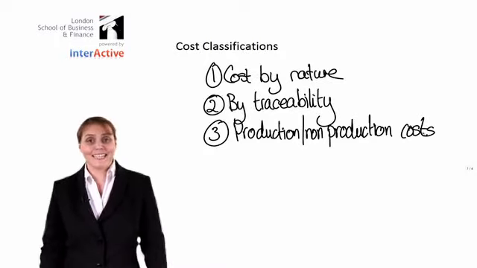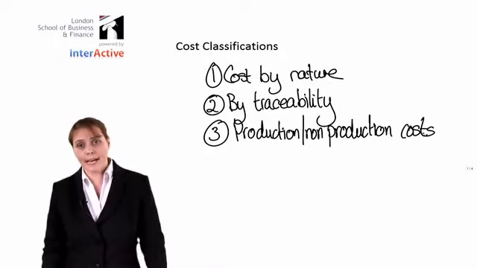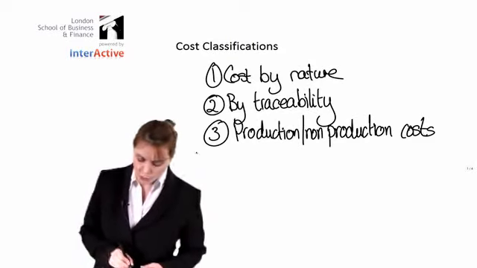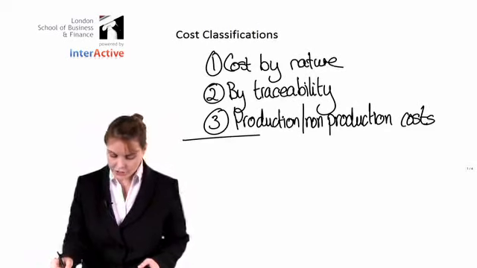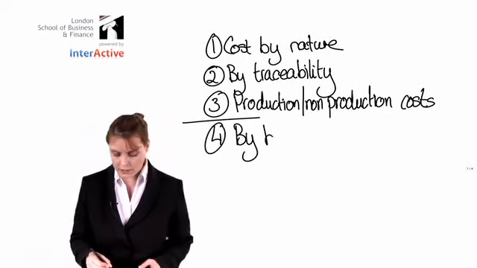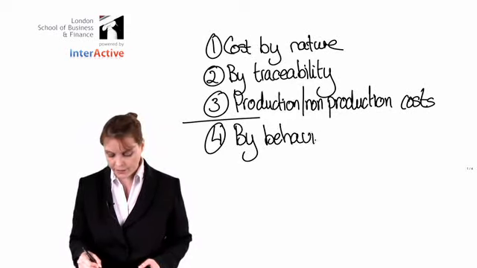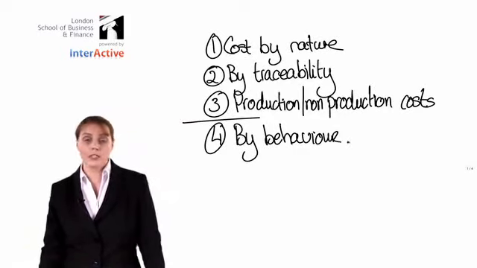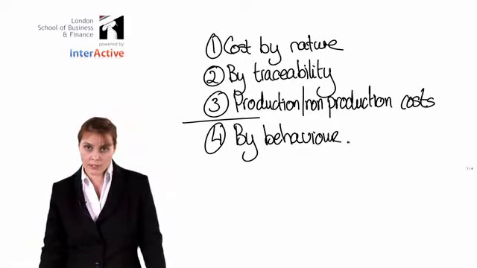These first three classifications we're going to look at within this session. There is a fourth, which will be slightly different, where we're going to think about our costs by behavior. And we'll look at that classification in subsequent sections.